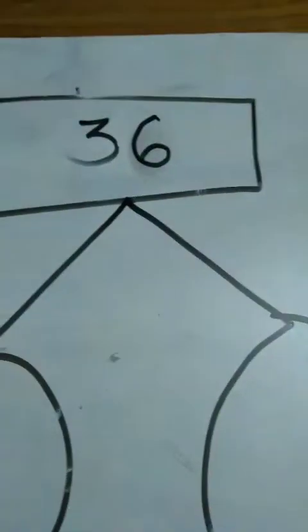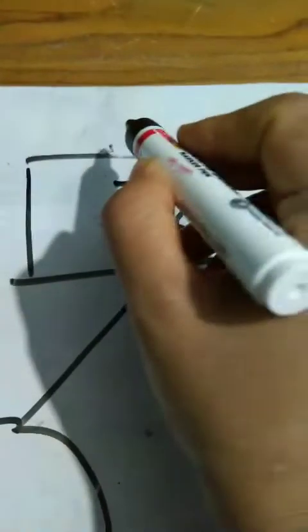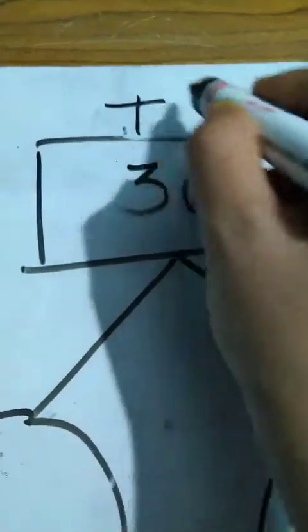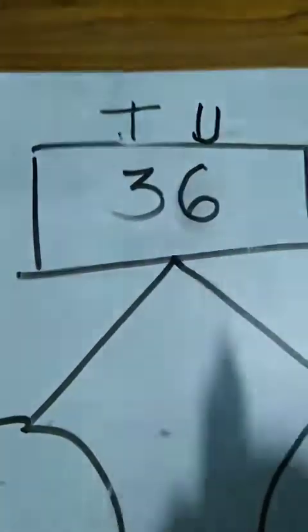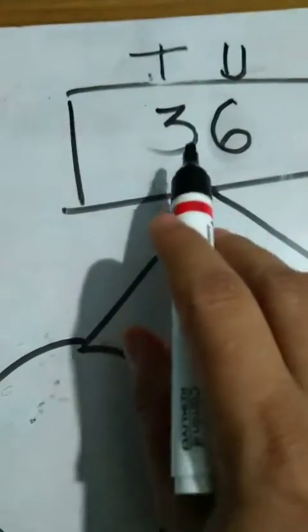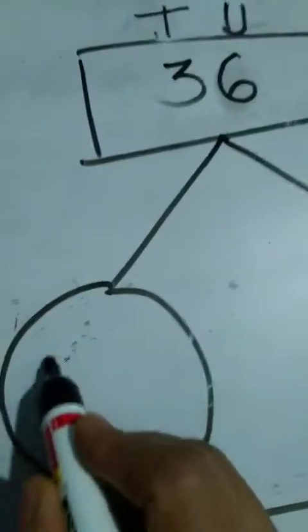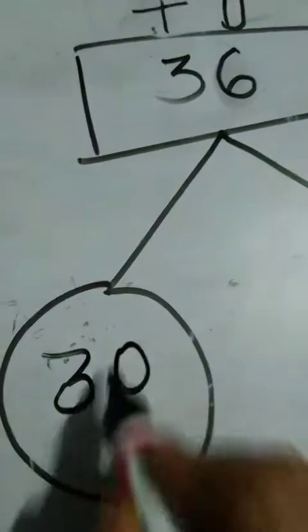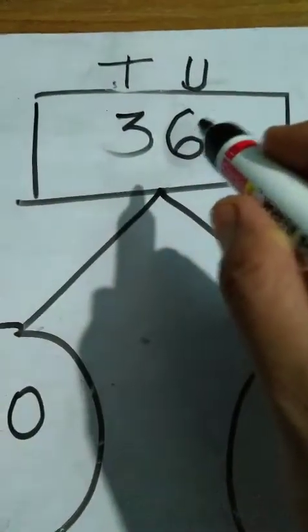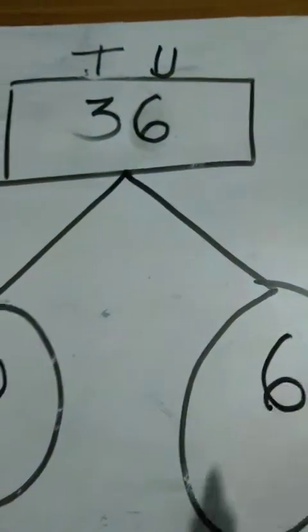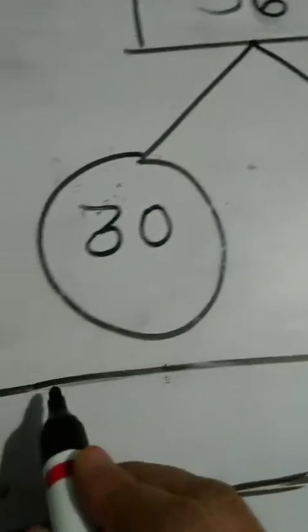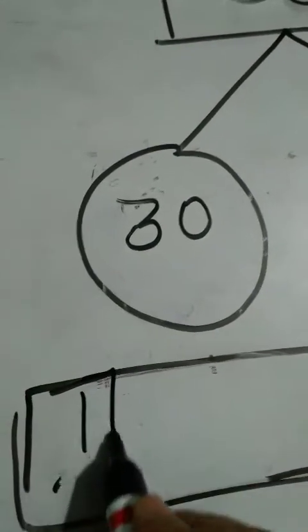It's 36. So before writing the place value of 36, we will divide the number into tens and units columns. The place value of 3 is 3 tens, 30. 3 times 10, 30. The place value of 6 is 6 only. And how to write the number? It's 30.